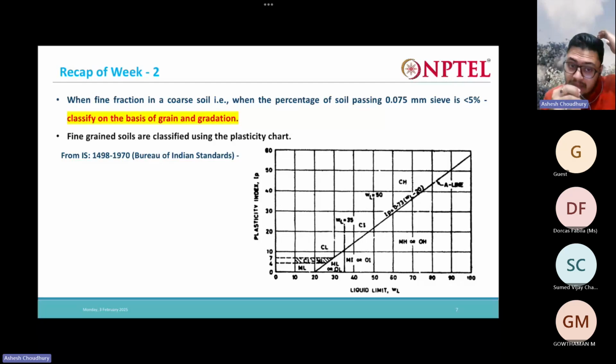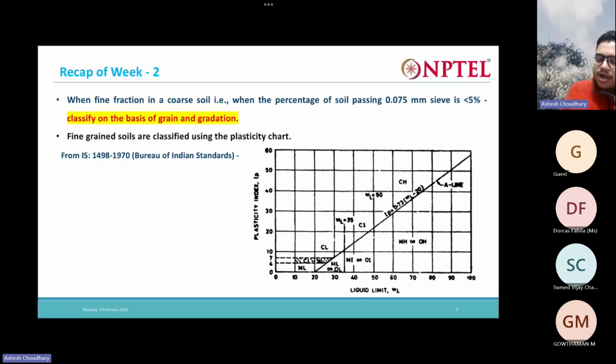If more than 50% of that amount is passing through the 4.75 mm sieve, then that is sand, and if not, it is gravel. So if most of the particles are greater than 4.75 mm, it is going to be gravel, else it is going to be sand.